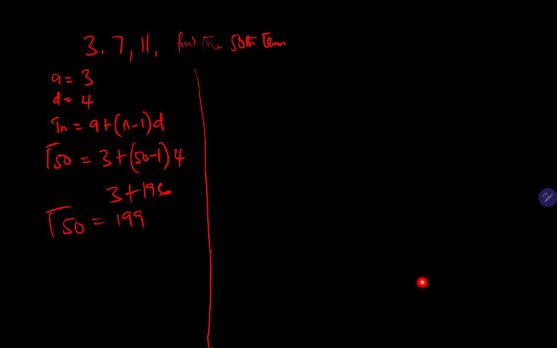Okay, another thing we could be asked is to find the sum of a number of terms in a progression, either in arithmetic progression or in a geometric progression. But for now, we're talking about arithmetic progression. So if, for instance, we're told to find the sum of the first 5 terms of this sequence, how do we do that?